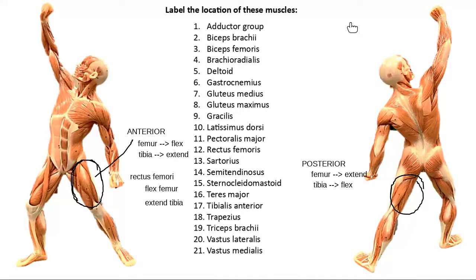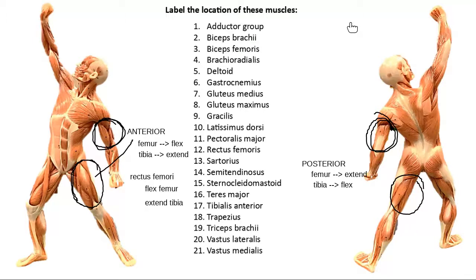We can do the same thing then. We can go up to this part of the body. These ones are going to flex the forearm. These ones that live over here are going to extend the forearm.